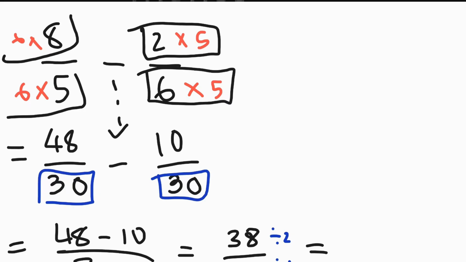You can divide by 2, and that's going to give you 19. And we can say 30 divided by 2, and that's going to give you 15. And we can quite clearly see, guys, we cannot make this fraction any more simplified. This is at its most simplest form. Without putting it as a mixed fraction, that would be its most simplest form.